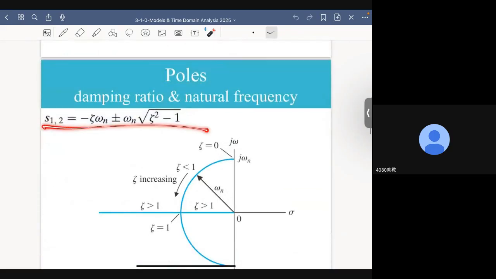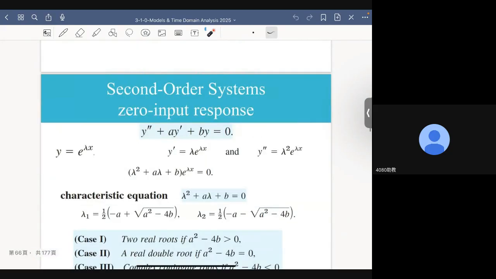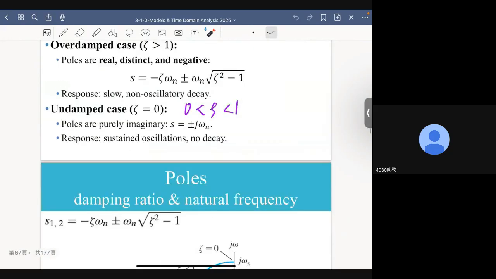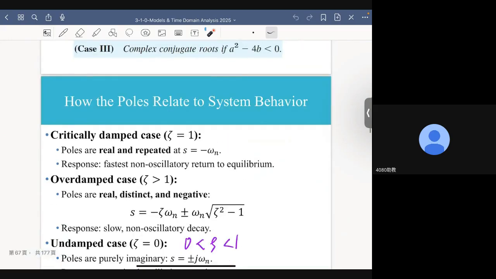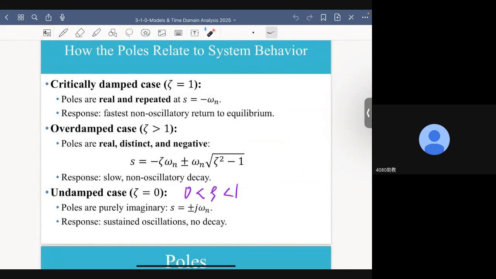Okay, now it can be shown that by solving this polynomial for its roots, this is what we will get. Similarly to what we get here, we apparently have a pair of roots, and depending on whether eta squared is larger than, equal to, or smaller than 1, the pattern of the zero input response of the spring mass damper system can be divided into three different scenarios, okay?